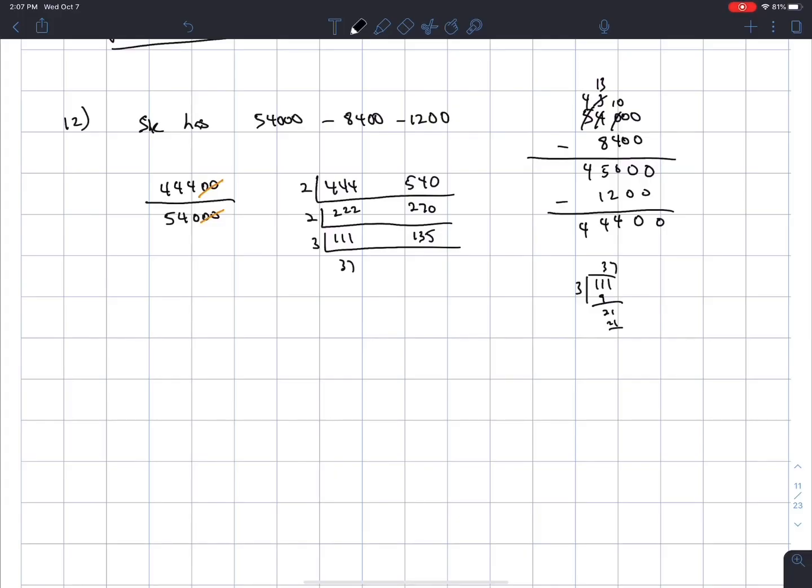So we get 37. 135 divided by 3. 3 times 4 is 12. 3 times 5 is 15. That's 45. And I think that's it. We can't divide both 37 and 45 by the same number anymore. So we get 37 over 45. So you can say that she has 37 out of 45 of her income left.